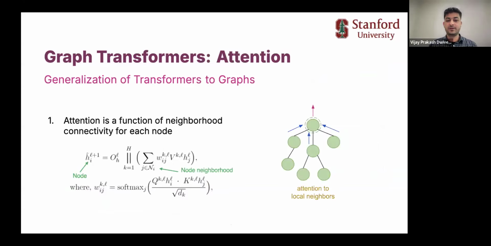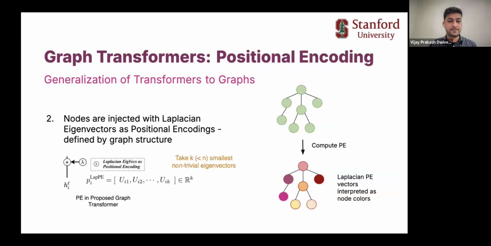So for the first, attention mechanism, one of the very basic generalizations is to bias the attention mechanism as a function of neighborhood connectivity. So if we want to build a feature representation for a node, the attention mechanism will consider only those nodes which are present in the local neighborhood of a central node. And for the rest, the function is very similar to what we have in the original transformers.